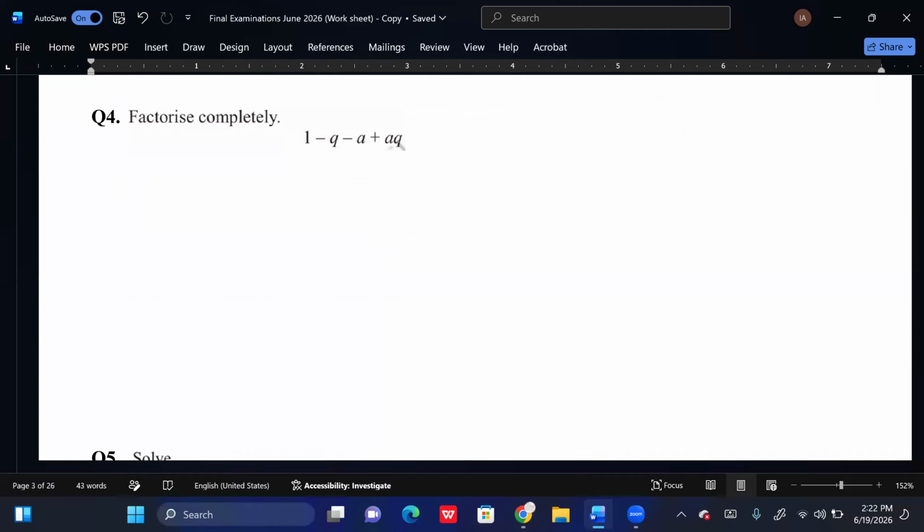We take the common from the first two terms. There's nothing common, but we have to take something common, and it's going to be 1 as common from the first two terms. There will be no change in the bracket. In the last two terms, I can see minus a as common. It's going to be 1 minus q.